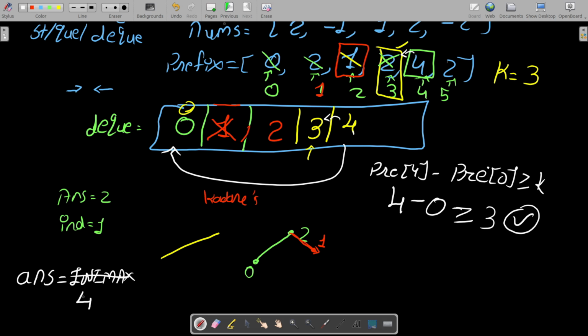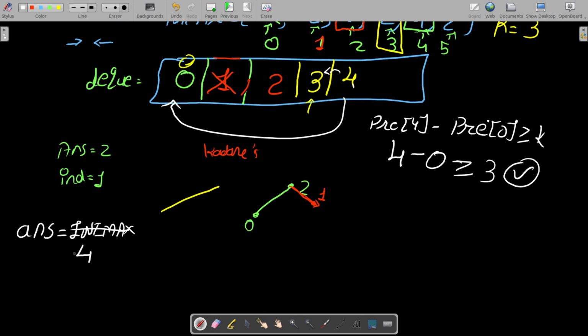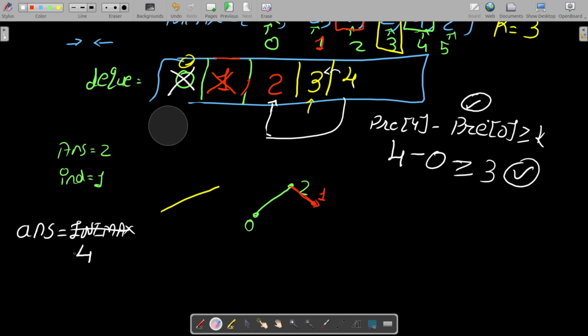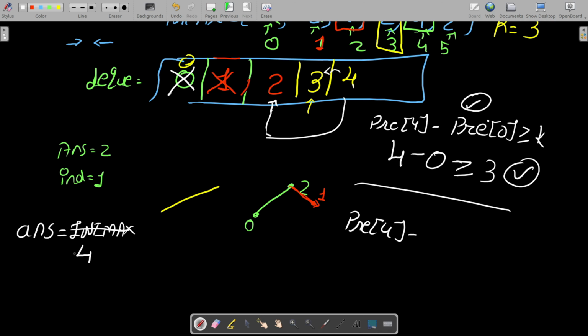Now we try to shrink the window. So here comes the important part. This condition is satisfying, so we try to shrink the window. Now remove this 0, and we will come to this portion, right? So this part goes down, and we point to the next. Now prefix of 4 minus prefix of 2 is greater than or equal to k or not.